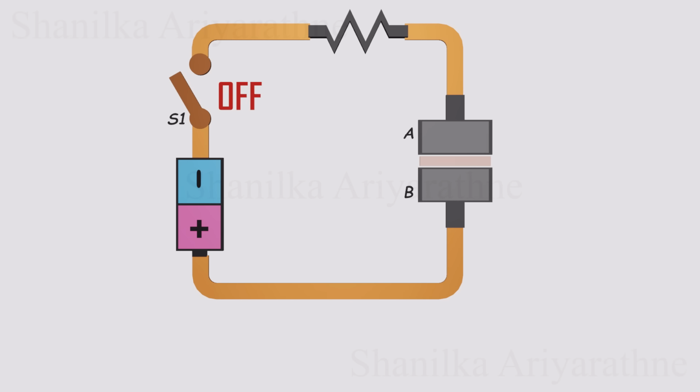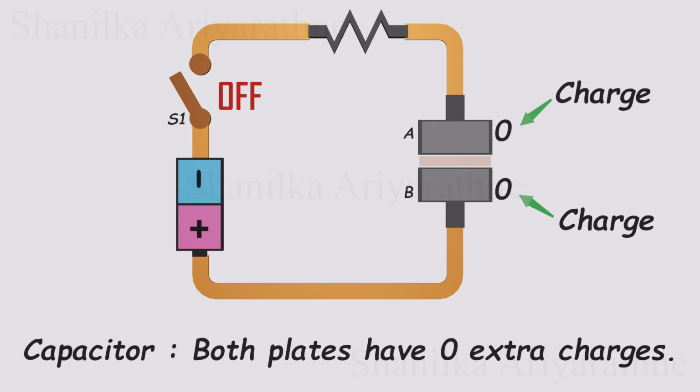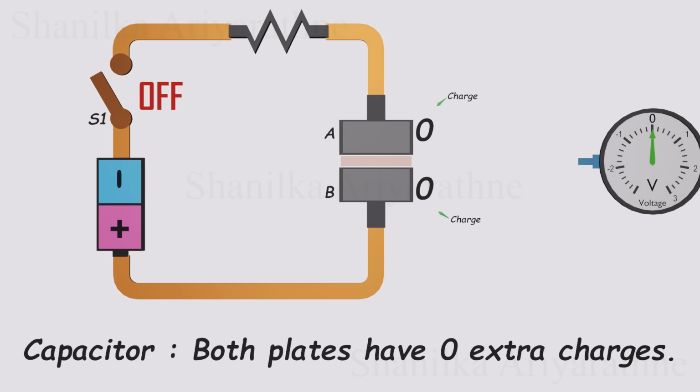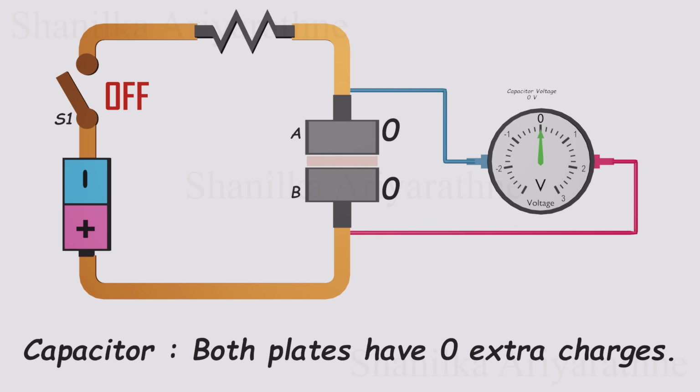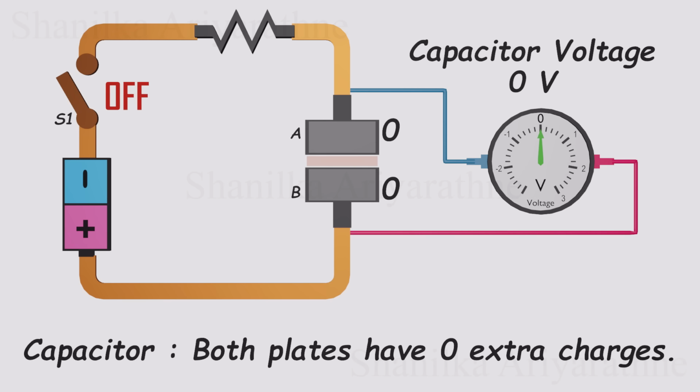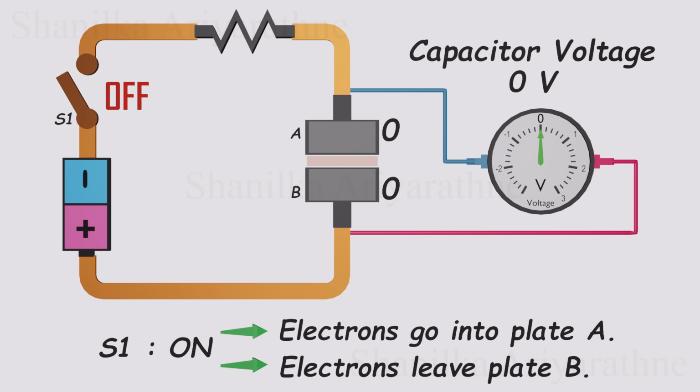We've modified our circuit to observe capacitor charging and discharging. Initially, both plates are charge neutral, resulting in zero capacitor voltage. If we turn on switch S1, current will flow, and the capacitor will start to charge. Let's consider what happens in detail. When one electron moves to plate A, its charge becomes -1.